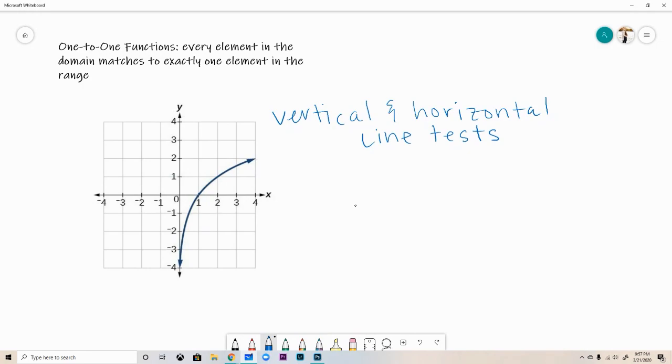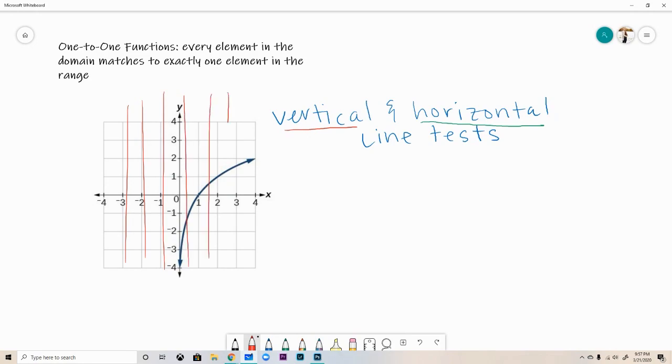I'm going to use different colors here: red for vertical, green for horizontal. When I do the vertical line test, I'm just going to draw a whole bunch of vertical lines. Not exactly the straightest, but if they're straight lines, they only hit the graph once.